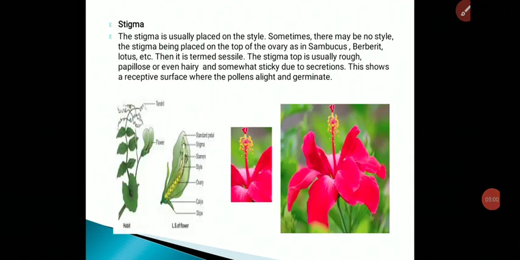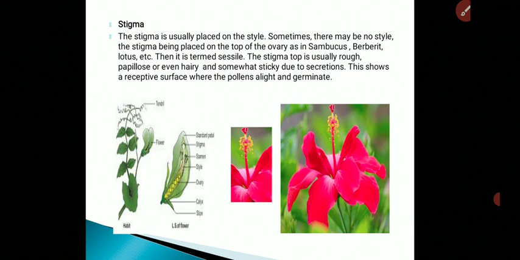Next part is the stigma, the terminal or apical portion of the typical carpel. The stigma is the receptive part of the style. It is present terminally at the upper free end of the style, and the stigma top is somewhat rough or papillose or even hairy, and somewhat sticky due to secretion, on which pollen grains can germinate after pollination.